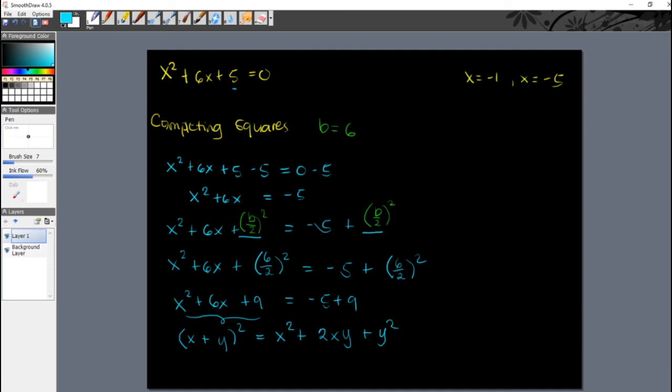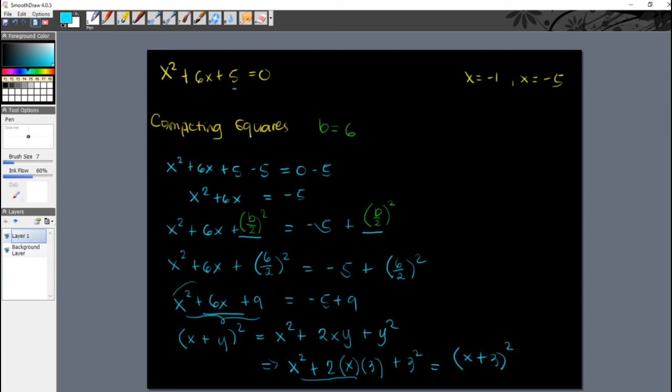So if we pattern this one here, this would look like x squared plus 2 times x times 3, plus 3 squared. In other words, this can be written as x plus 3 squared.